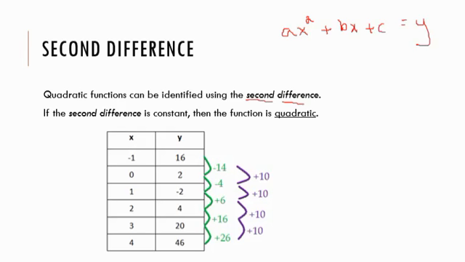The same way I looked at the first difference, I'm going to use the changes in y's. Okay, that's my first difference. And then, using these numbers, I'm going to take the difference again. So a second difference. Now, if it's a quadratic equation, the second difference should be constant.